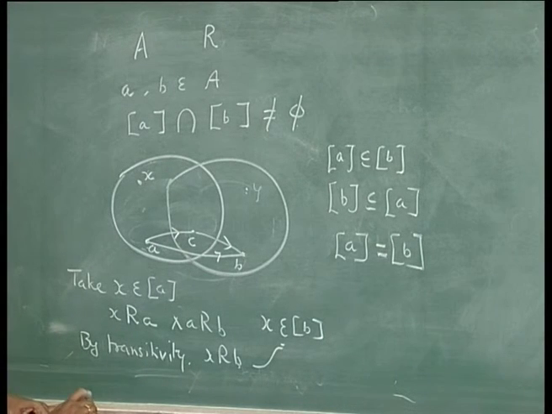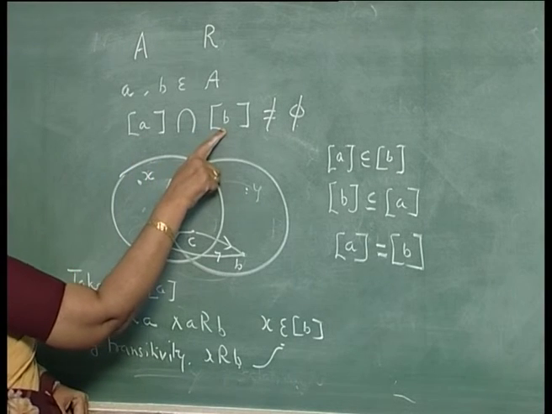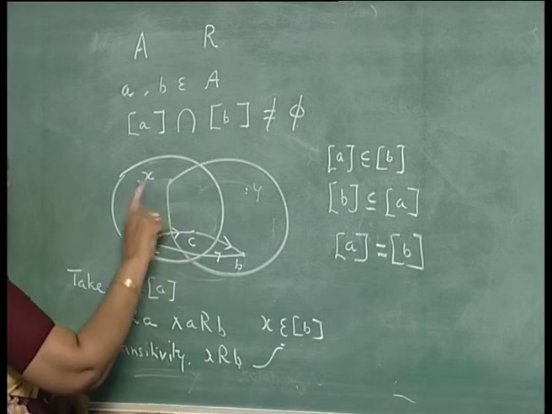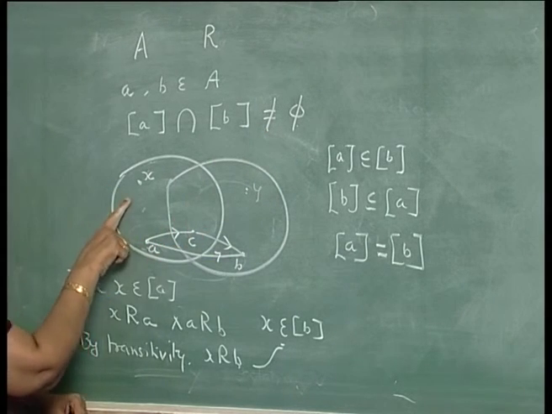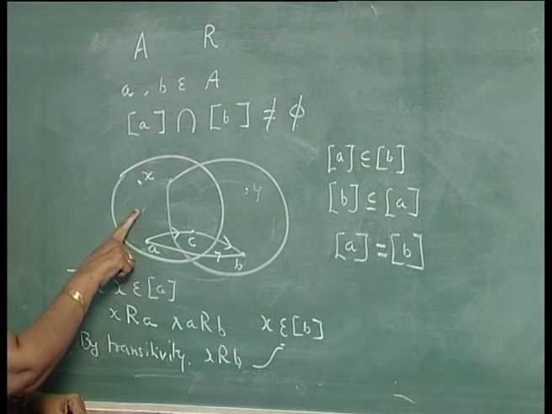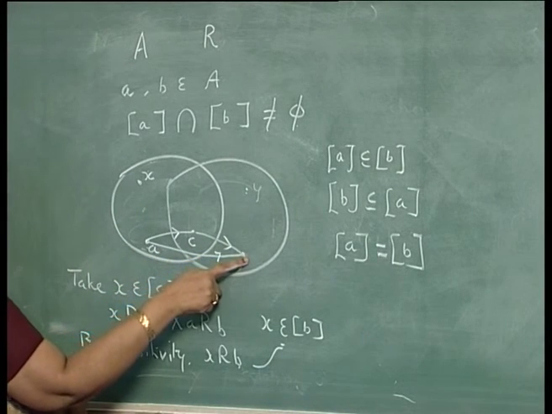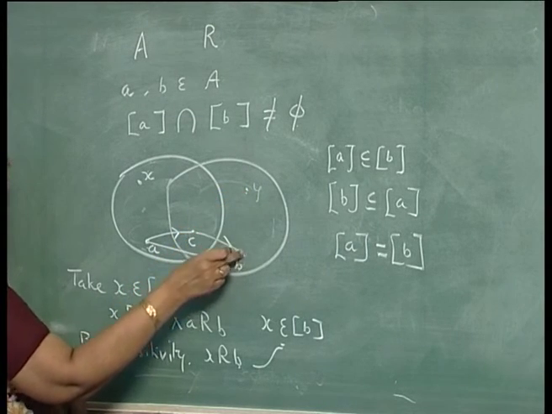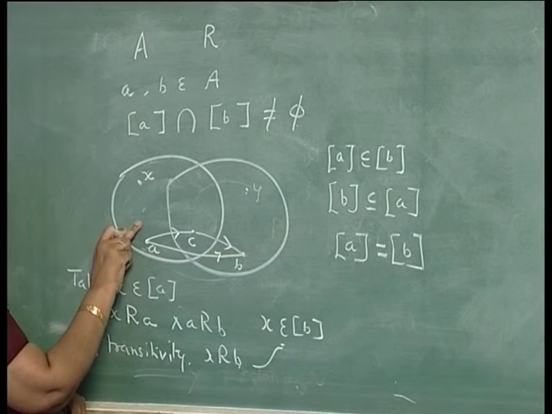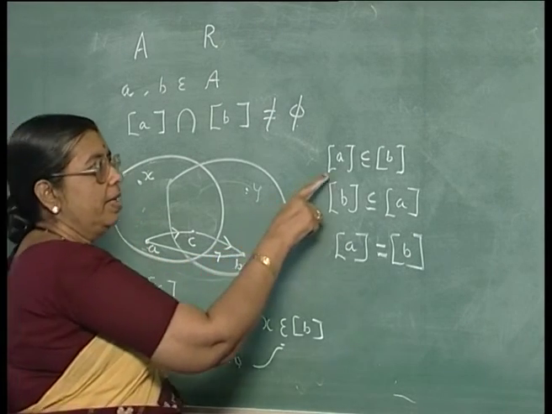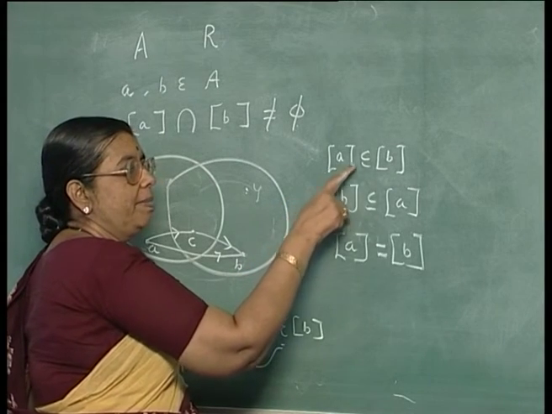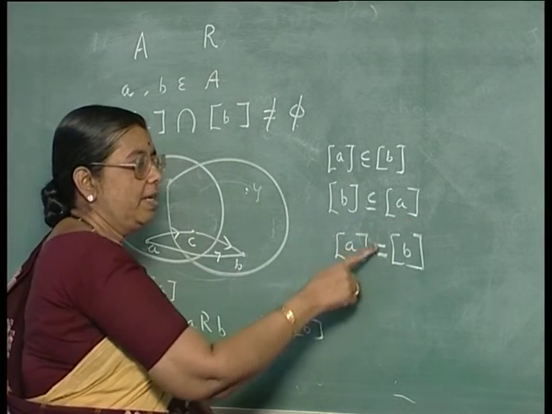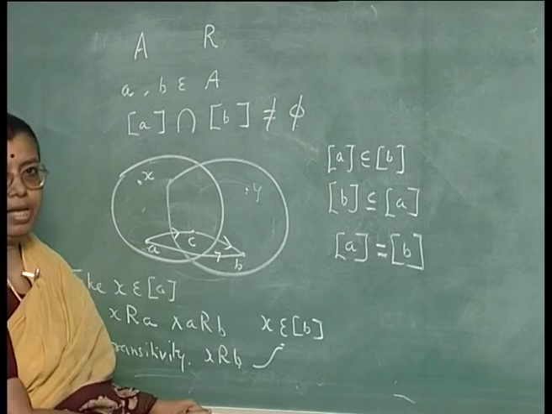So, we find that if the equivalence class of A and the equivalence class of B are not disjoint, then every element x belonging to the equivalence class of A will also be an element of the equivalence class of B, and every element in the equivalence class of B will also be an element of the equivalence class of A. That is, the equivalence class of A will be contained in the equivalence class of B and vice versa, which leads us to the conclusion that the equivalence classes are equal.